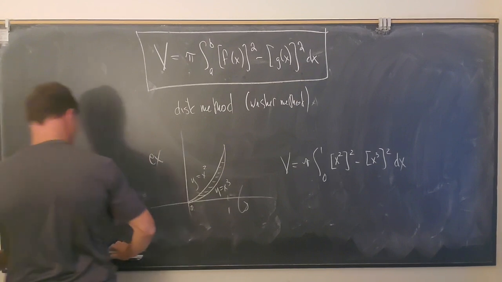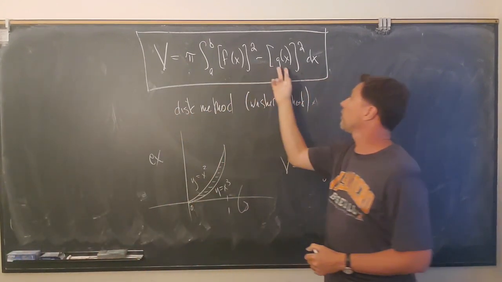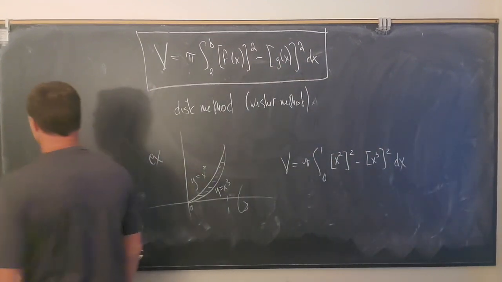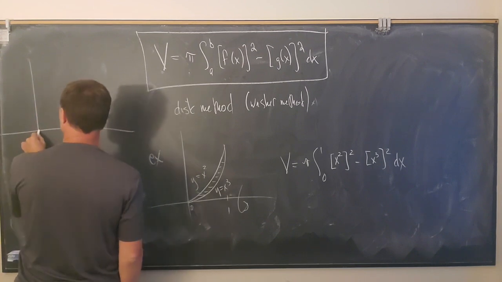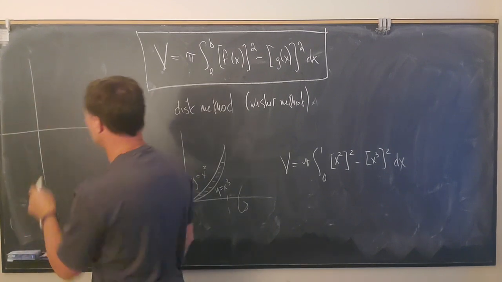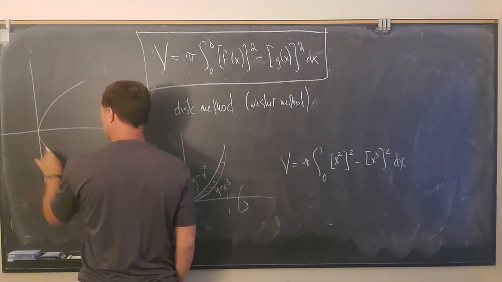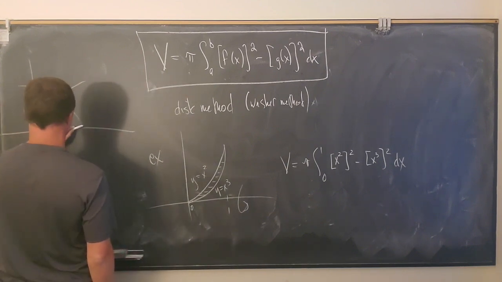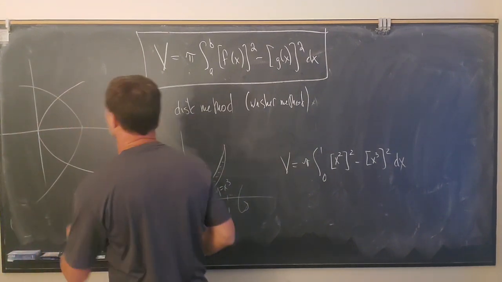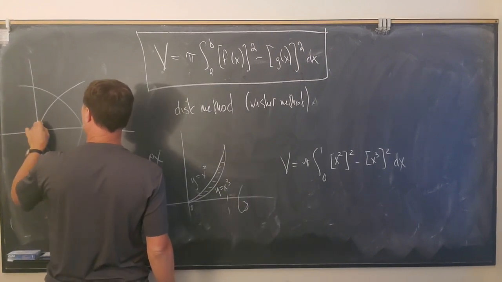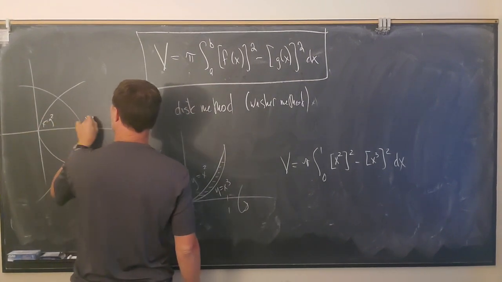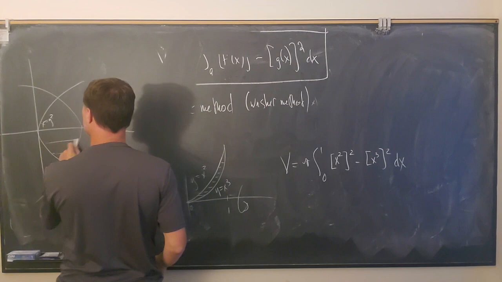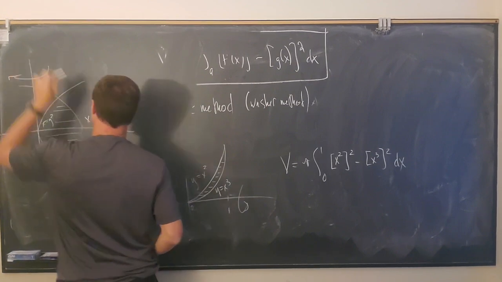We derived this formula in the situation where both of our functions are functions of the variable x, but we could also do them if they're functions of the variable y and revolve around the y-axis. So let's look at this example here. x equals y squared, and x equals 2 minus y squared. So this is x equals y squared. This one is x equals 2 minus y squared. And now we're going to take this solid right here and revolve it around the y-axis.